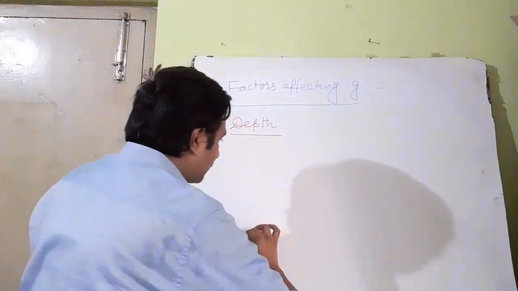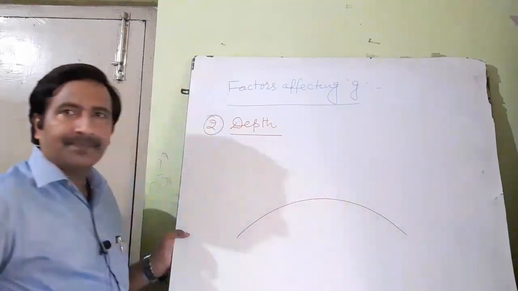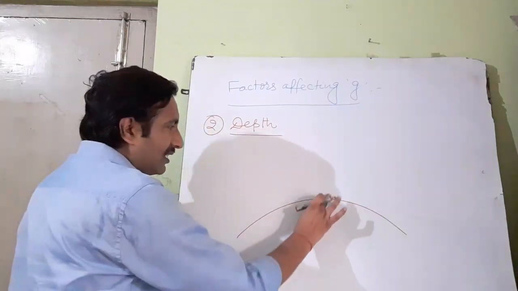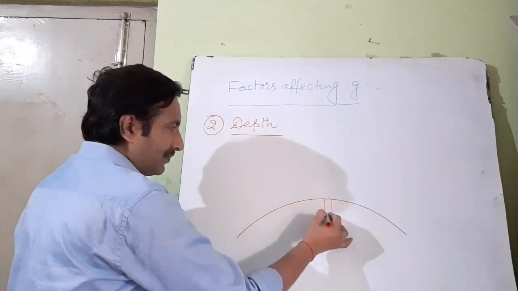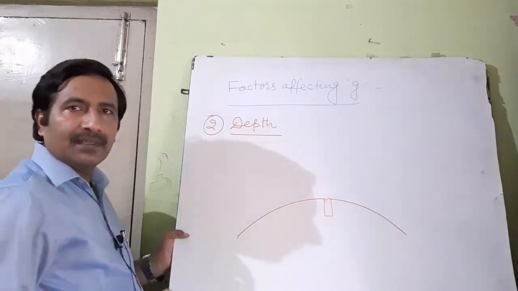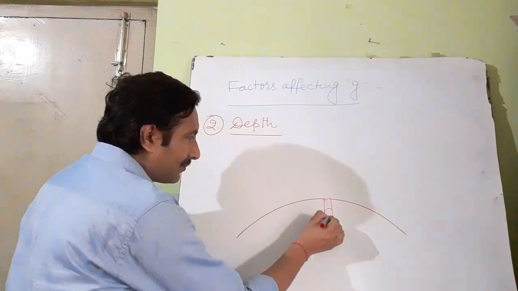Suppose this is the earth and you make a hole in the surface of the earth. You put an object here.